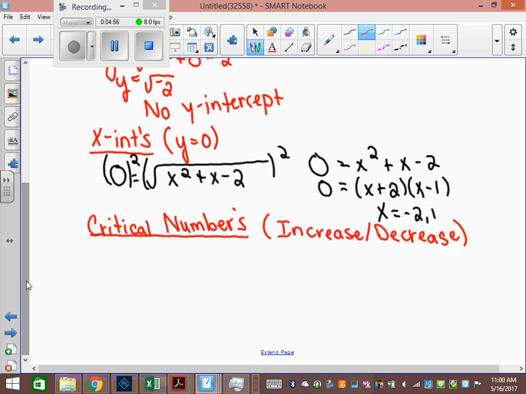First, find the first derivative. We have y equals the square root of x squared plus x minus 2. Now we can't do the derivative with a square root sign. What did we always do? Put it to the one half.